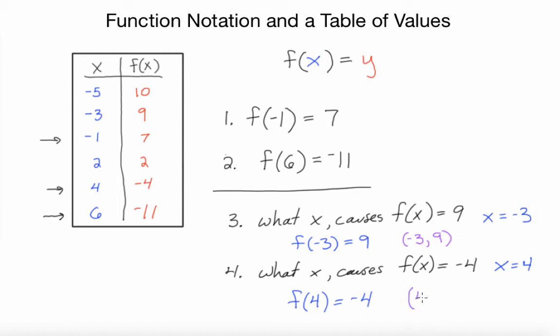On this one, if x is 4, I get a y value of -4, and that would also be a point on my function. So you can read it as function notation, and we can always go back to points on a coordinate plane, x and y values, coordinate points. Both of them give you the same information. Table, function notation, point. All right, good stuff.